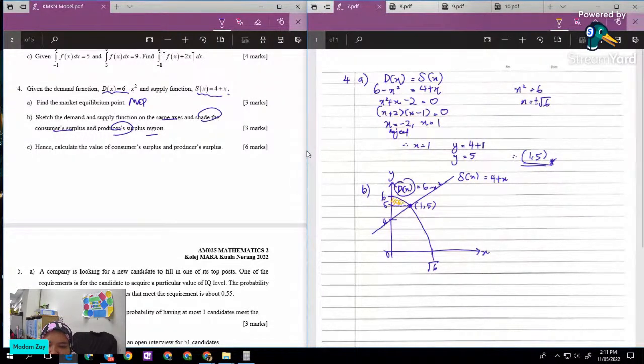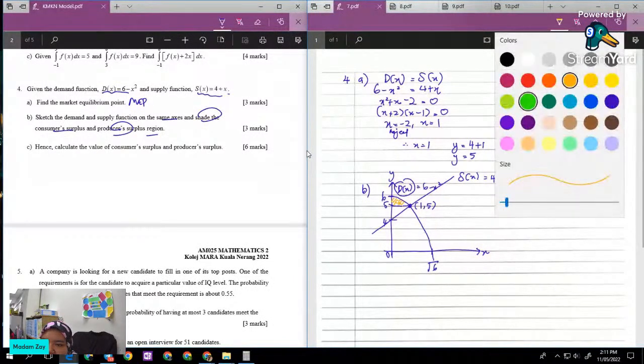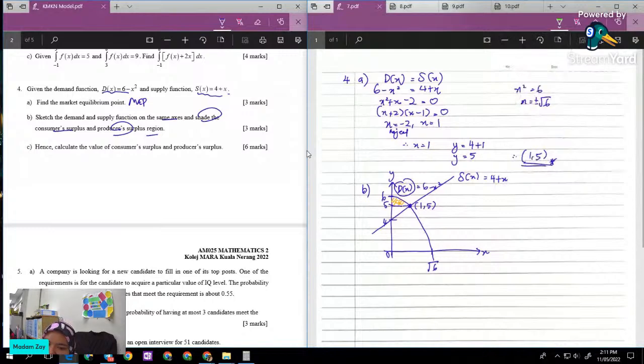And then yang berada di antara market equilibrium point dengan supply function. Supply function, siapa yang supply? Yang supply adalah producer, betul tak? So it should be the producer surplus kat sini. So PS kita. Okay, pastikan you lukis elok-elok. Okay, so this is what we need to do lah to show the region for the producer surplus and consumer surplus.